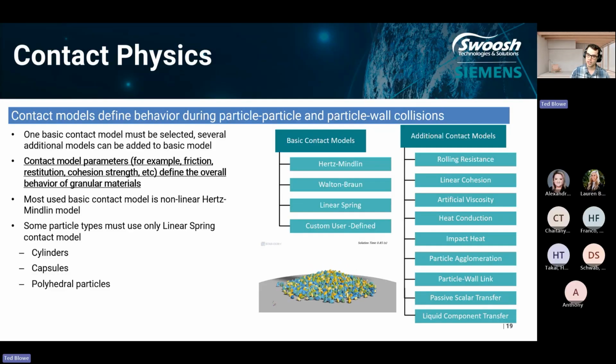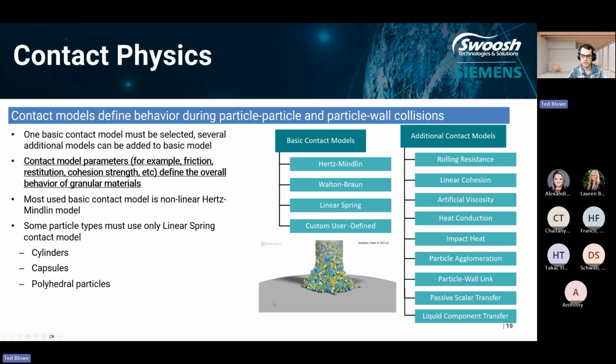When this model is selected, the rolling resistance model is automatically selected. And the rolling resistance is important when particles are not spherical, when rotation dynamics are significant, or rotational friction strongly influences particle motion, like granular flow over rough surfaces, or sticky particles, or cohesive particles.